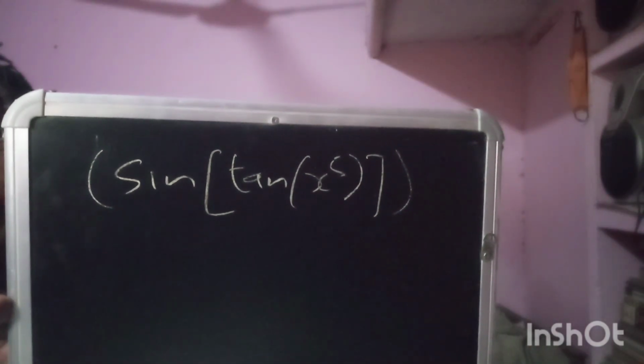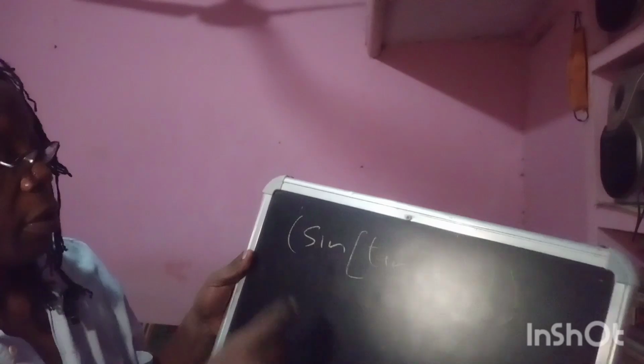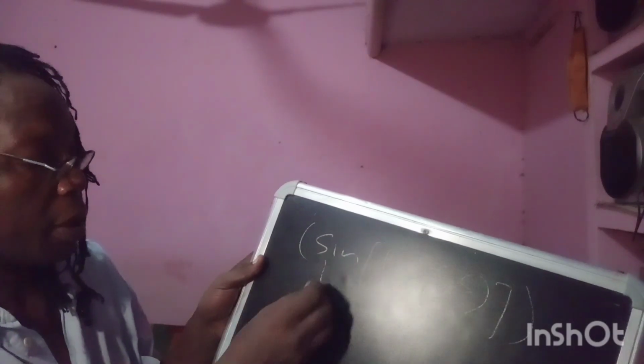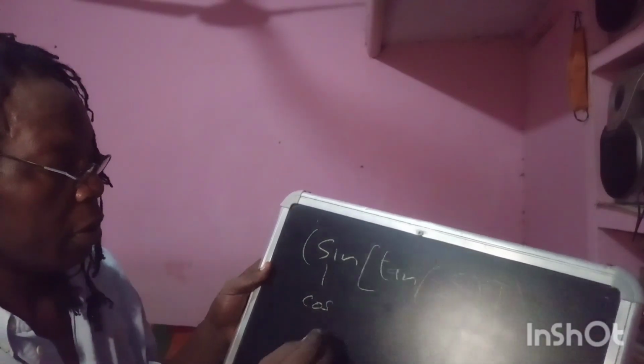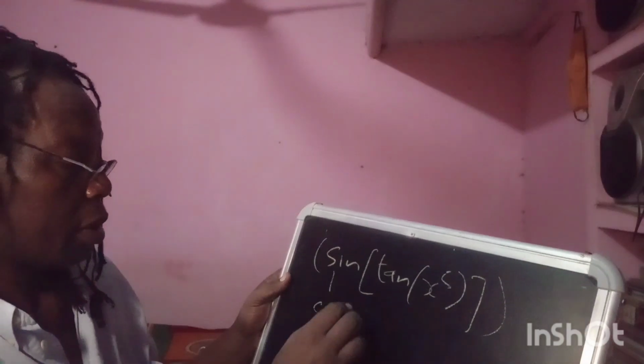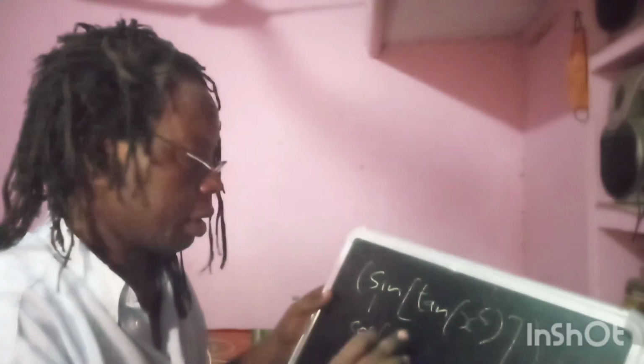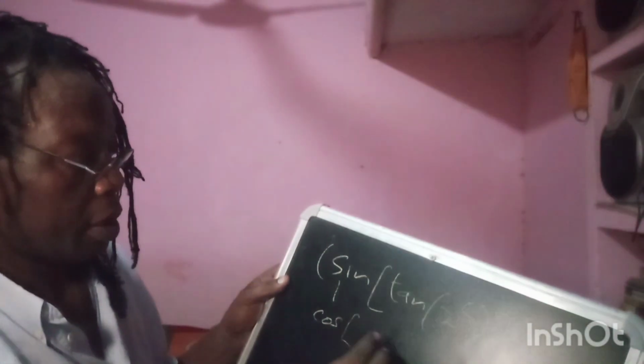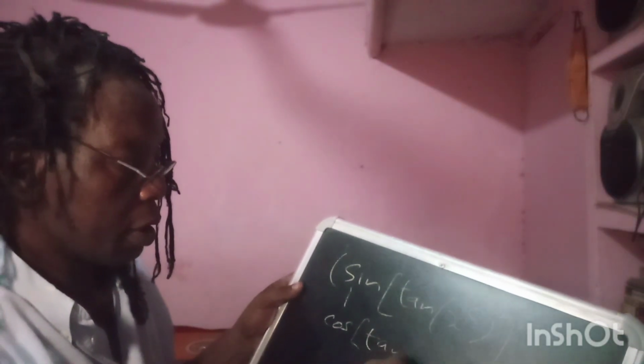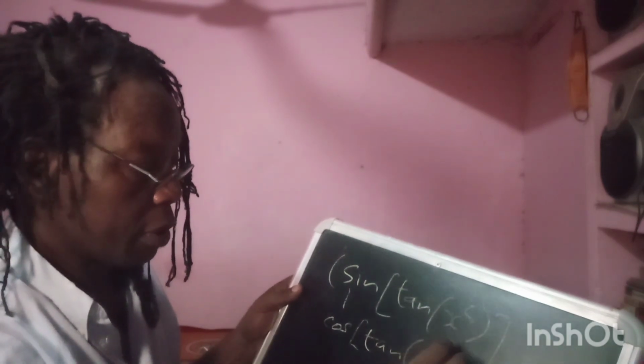Okay, now let's start. When you differentiate this, it becomes cosine. The inside remains the same. So we have tangent x power 5.